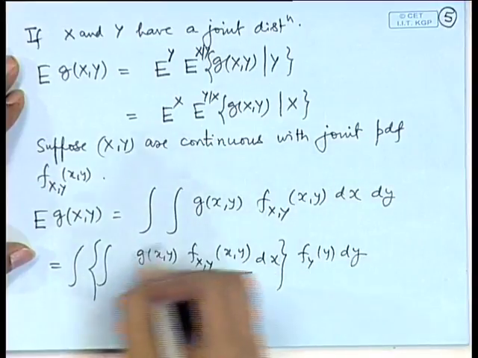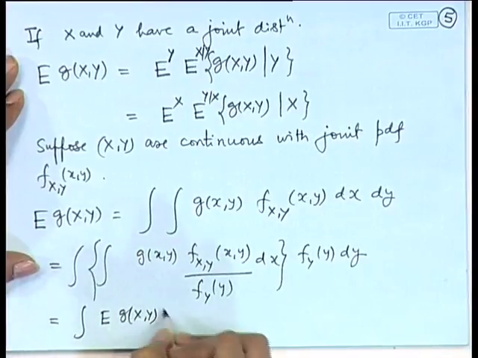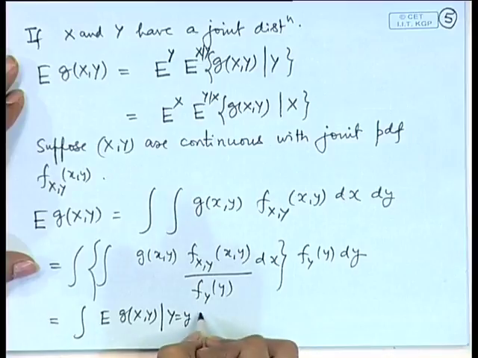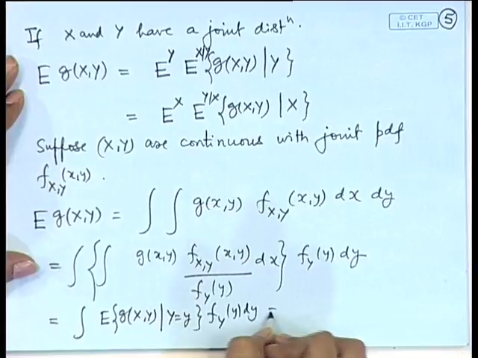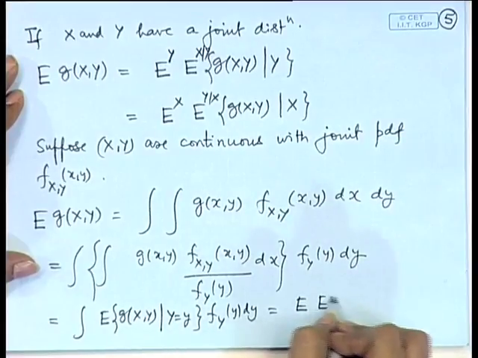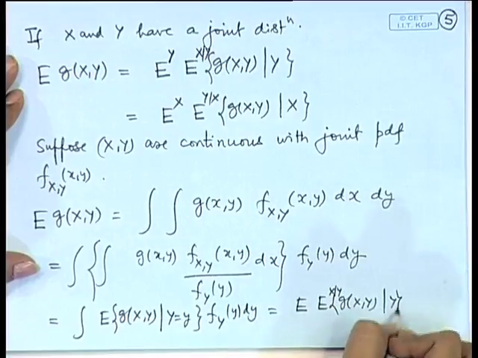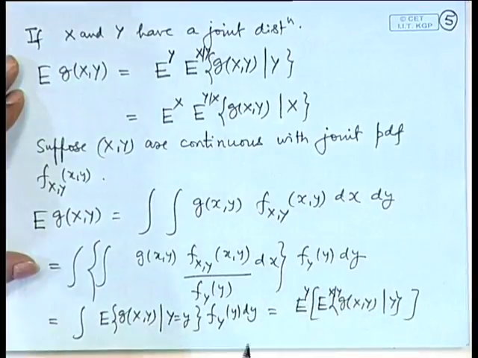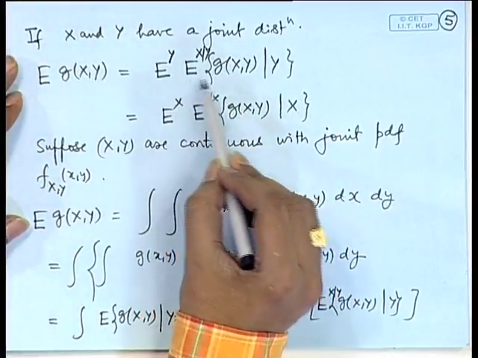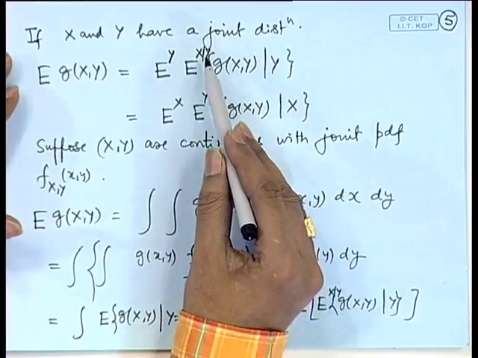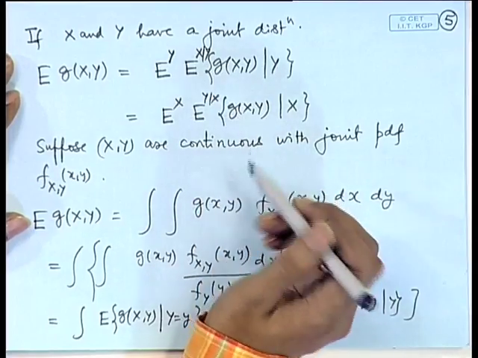So, this inner quantity is nothing but the expectation of g x y given y is equal to y, multiplied by the density of y, which is nothing but expectation of expectation of g x y given y. That means the joint expectations can be calculated in stages, firstly with respect to a conditional distribution and then with respect to a marginal distribution, in either order.